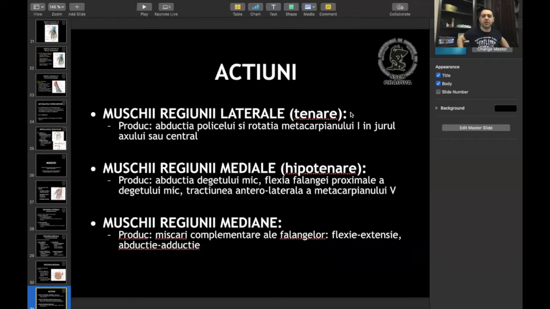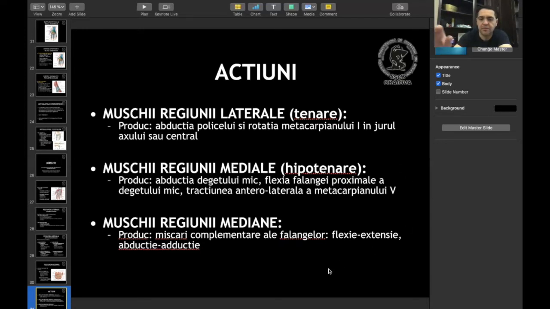And we can see the action of these intrinsic muscles here. So the thenar region: abduction of the thumb, rotation of the first metacarpal. We have also the hypothenar region: abduction of the fifth digit, flexion of the proximal phalanx of the fifth digit, and anterolateral traction of the fifth metacarpal.